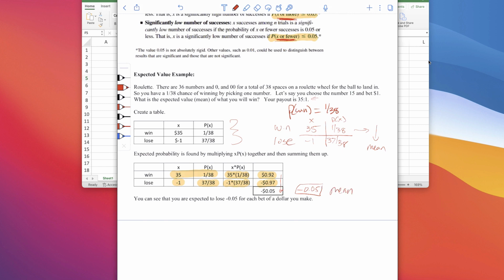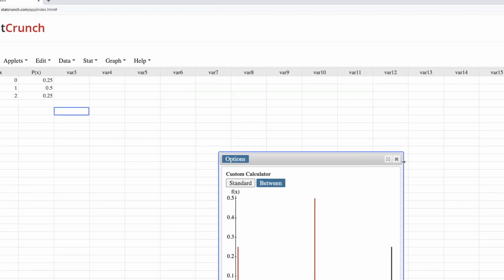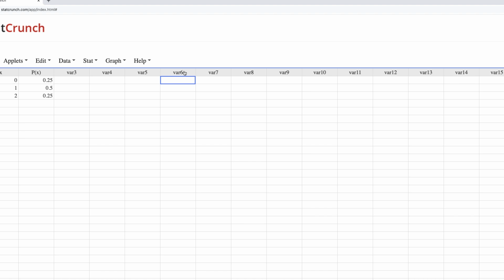Of course, you could actually put this information into StatCrunch, just by putting in the numbers 35 and negative 1, and the probabilities. Maybe we can quickly do that. I'll put it in right here. 35.